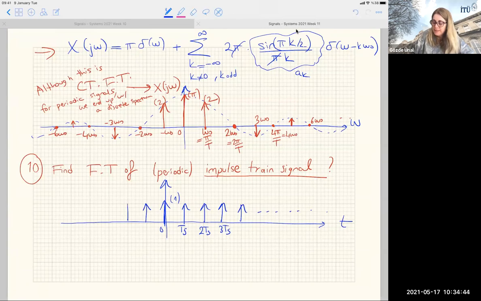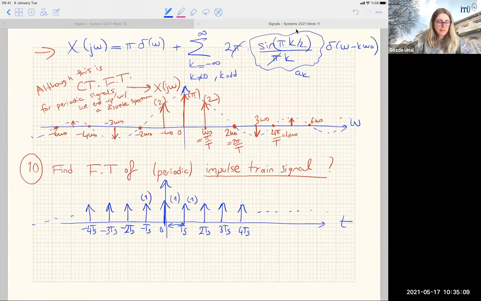When you see these TS seconds, what do you remember? Why would I need such a signal? What could be the purpose of such a signal? I'll give you a hint: you will multiply this by another continuous time signal. These are all ones.